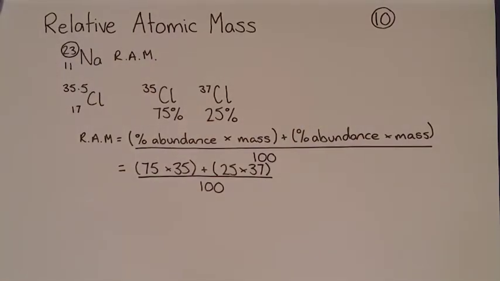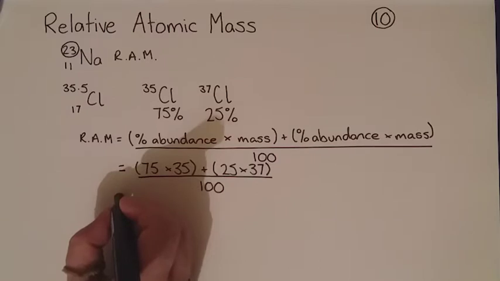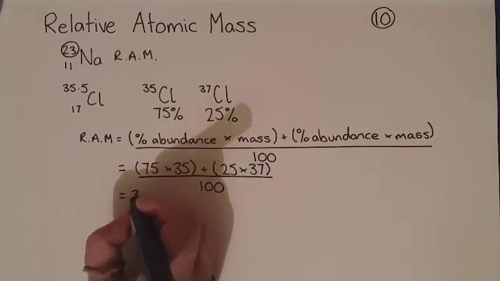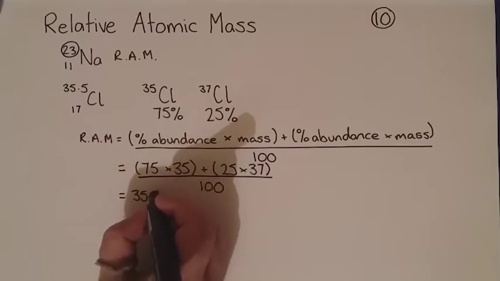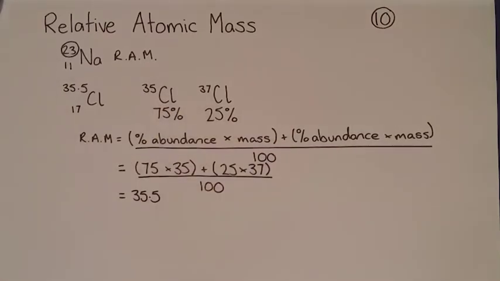Now at this point it's really important that you can use your calculator. It's very easy to get a number that you think is the correct answer and is actually totally wrong. The answer for this question is 35.5, which is what we would expect because it's what appears on the periodic table.